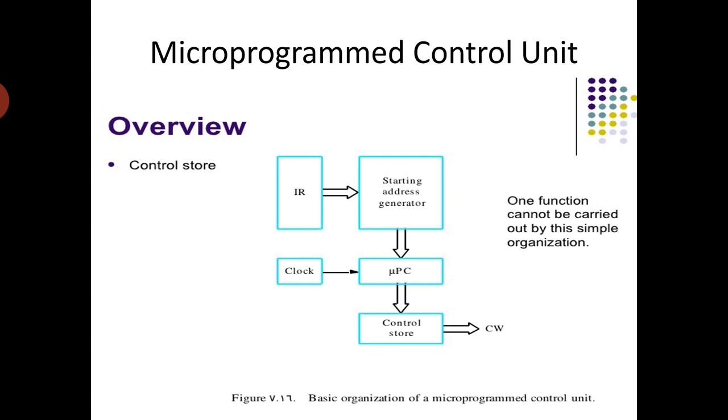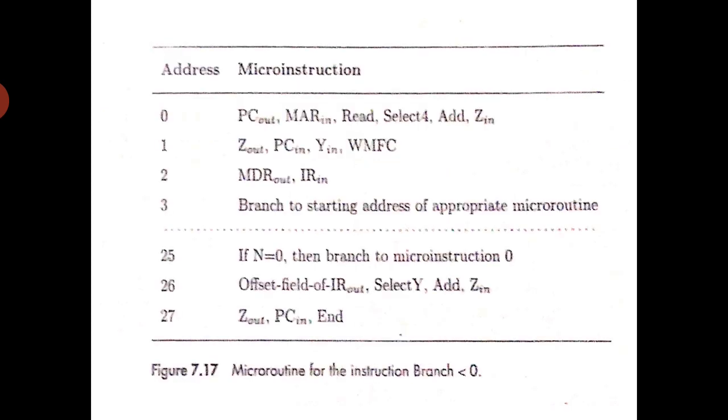Suppose we consider this example: branch if less than 0. The instruction branch less than 0 may now be implemented by a micro routine such as this. After loading the instruction into the instruction register, the first 3 steps, from 0 to 2, come under the fetching phase.